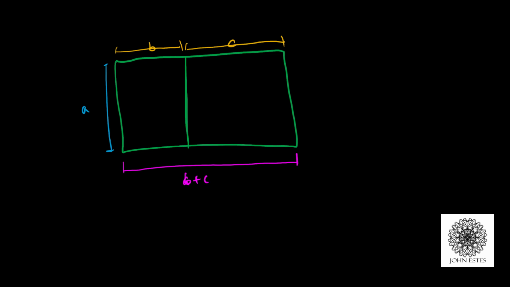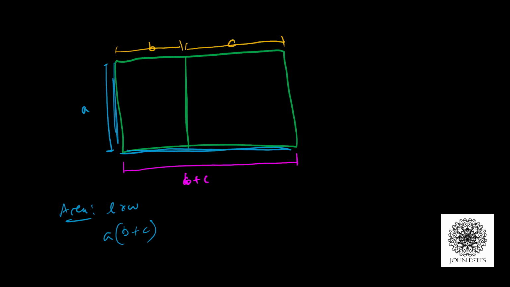Okay, now if I'm trying to think of area, the area of this rectangle, I know that that's length times width, right? So in this case, that would be a times b plus c. That's the area of the rectangle. This side times this side.